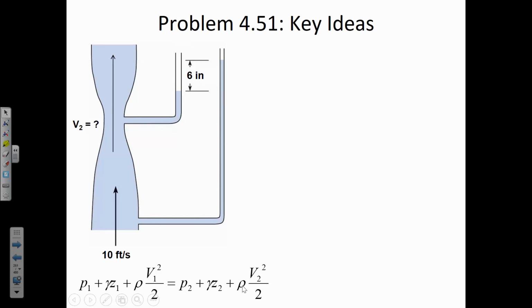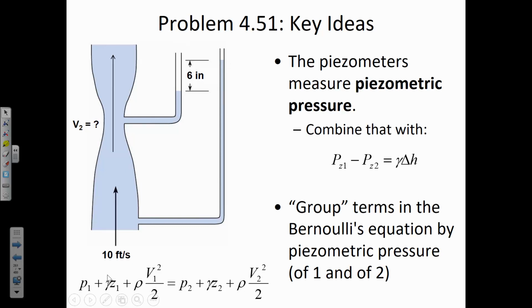So it's Bernoulli's equation that we can use to find the relationship between pressure change and velocity change. And so here 10 is the V1, V2 is unknown. We don't know the actual pressures at 1 and 2, but we do know the difference in pressure, which is good enough because we can rearrange Bernoulli's equation in terms of a difference in pressure.